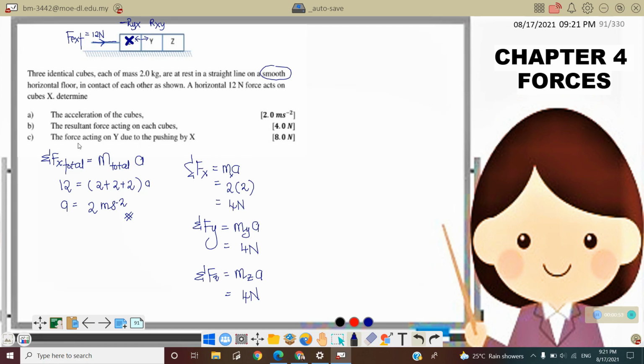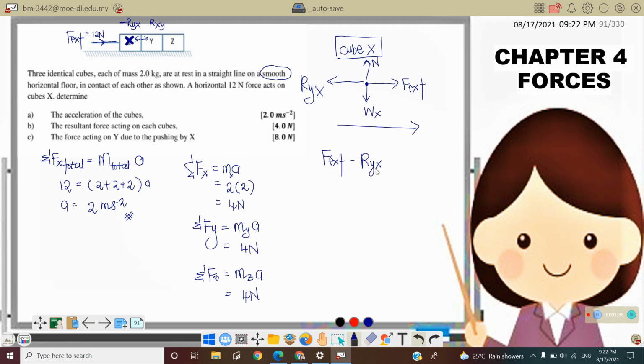Now we want to find the force acting on Y due to the pushing by X. If we are referring to cube X, we need to draw a free body diagram, where for X we have the weight, the normal force, the F external equal to 12 Newton, and also the reaction force that Y acts on X. The motion is to the right, so F external minus R YX, because it's the opposite direction, equals ma.